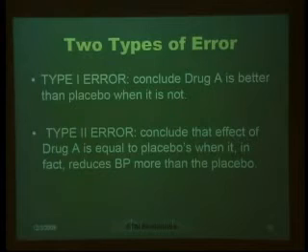So the type 1 error is to reject the null when the null is true. The null hypothesis says the drugs are equal. So the error would be to conclude that drug A is better than placebo when it's not. That's my type 1 error. My type 2 error would be to conclude that the effect of drug A is equal to the placebo's when in fact it is better.